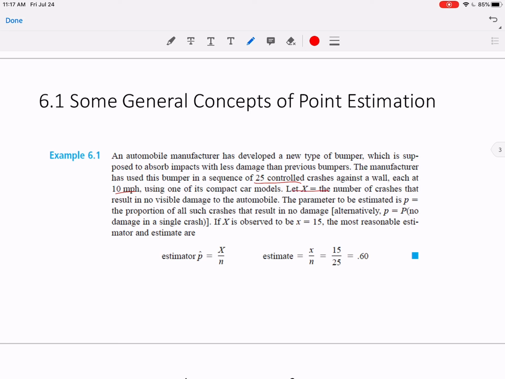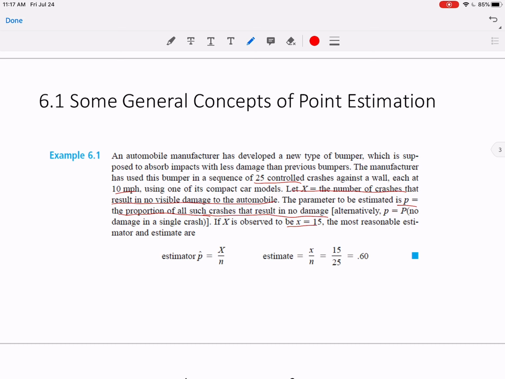Let x be the number of crashes that result in no visible damage to the automobile. The parameter to be estimated is p, the proportion of all such crashes that result in no damage. If x is observed to be x equal to 15, what is the most reasonable estimator and estimate?